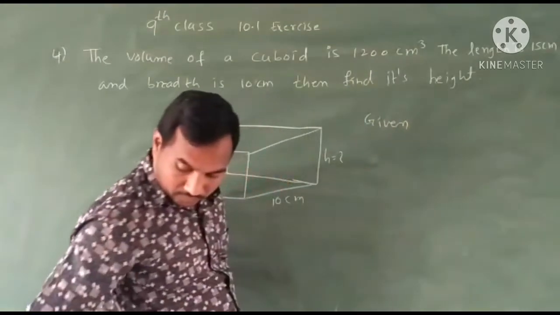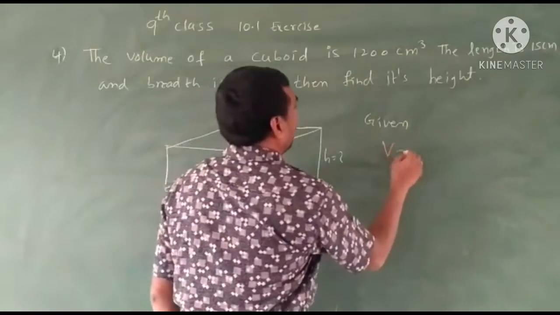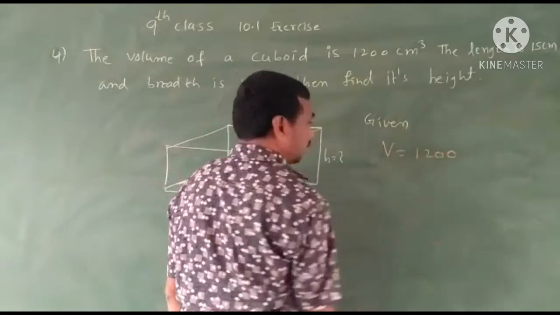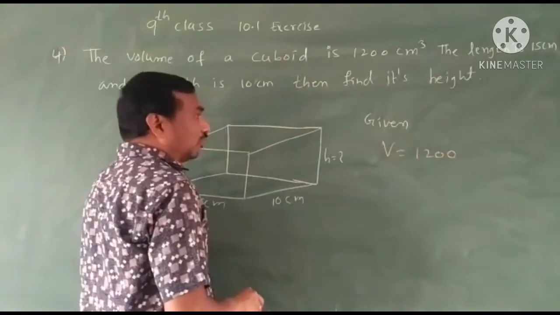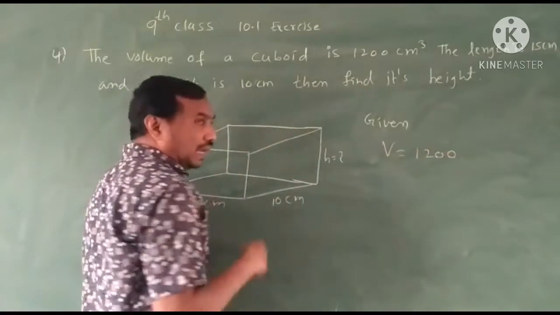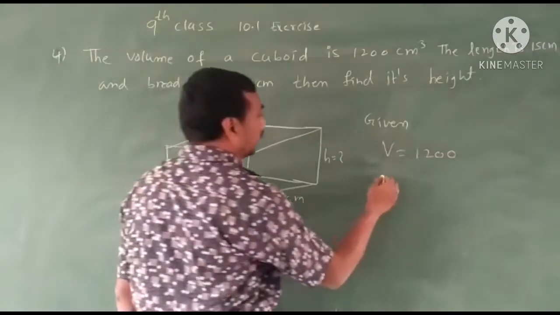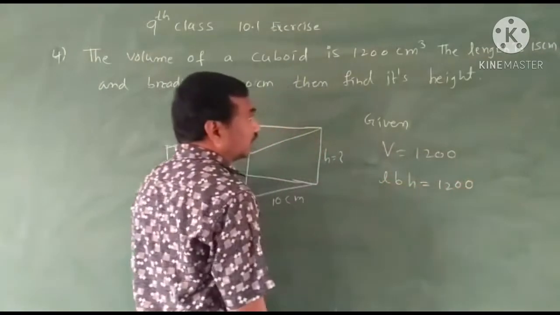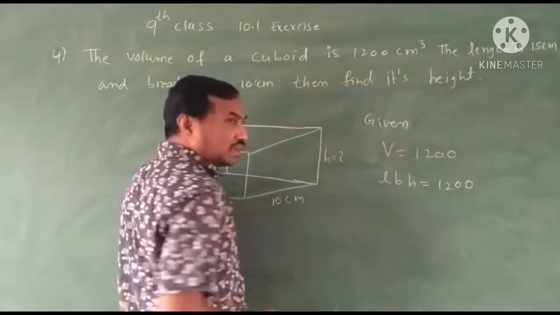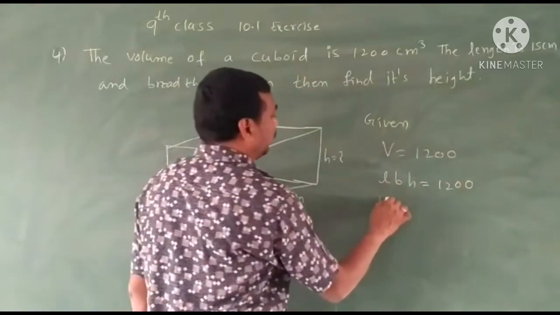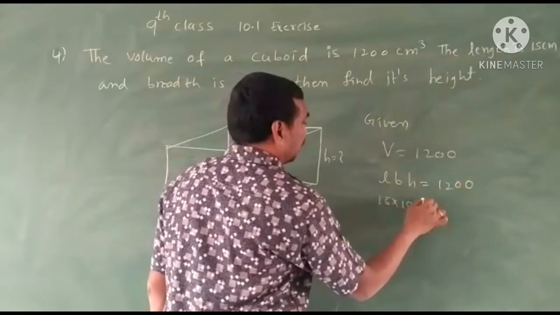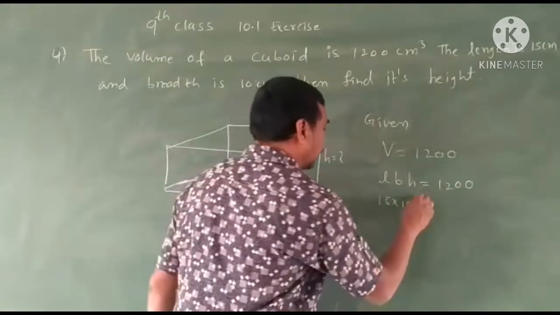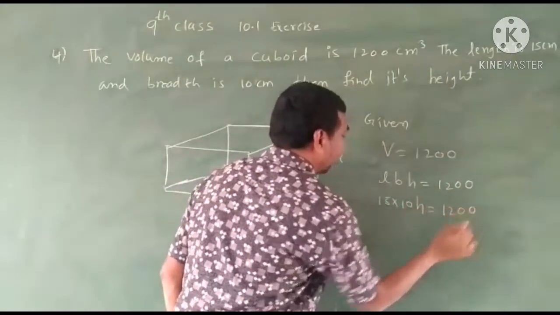Given V equal to 1200. What is V? Volume of cuboid is L into B into H. That is L into B into H equal to 1200. The length and breadth are already given. That is 15 into 10 into H equal to 1200.